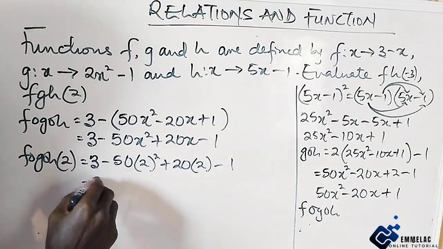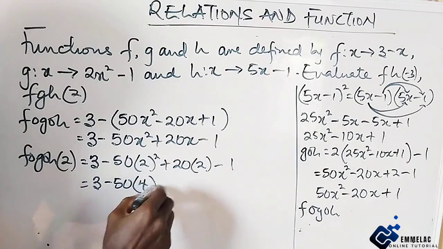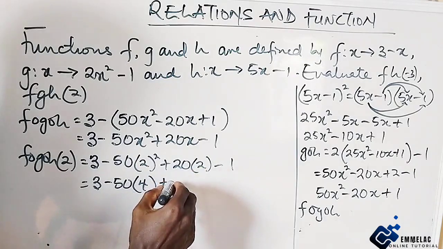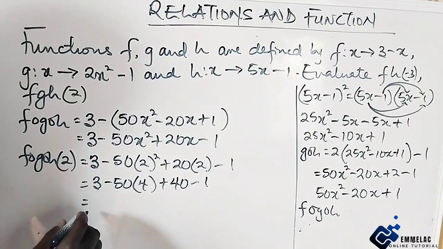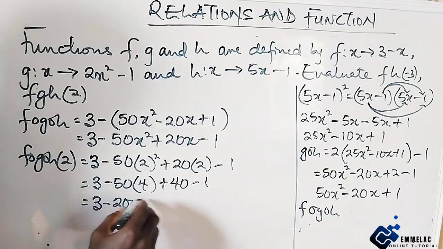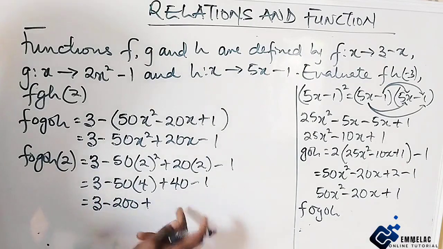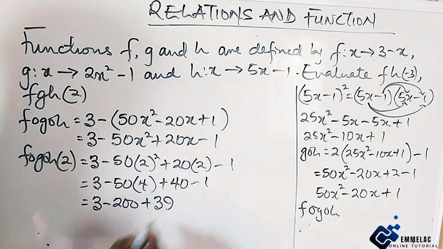So here we have 3, then minus 50 into 4, plus 20 times 2 which gives us 40, minus 1. Simplifying further, we have 3 minus 200 plus 40 minus 1, which will give us 39.